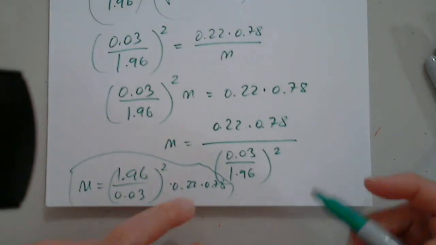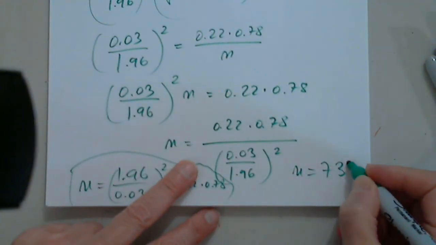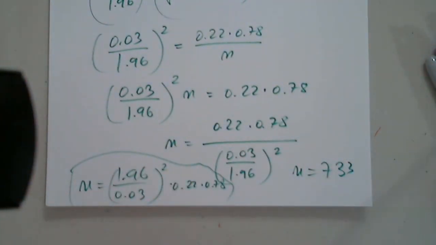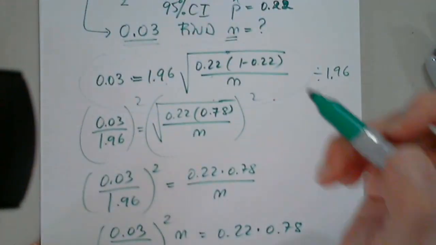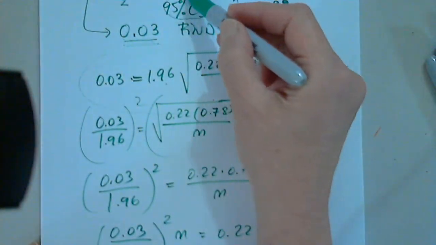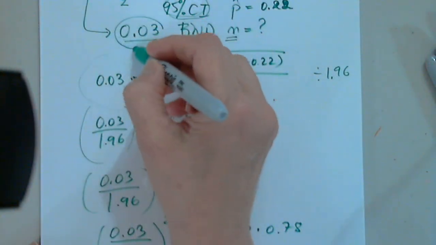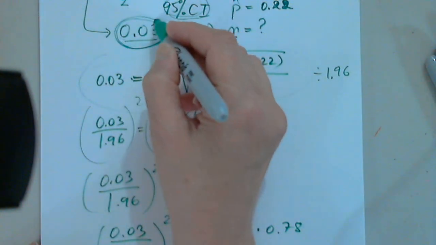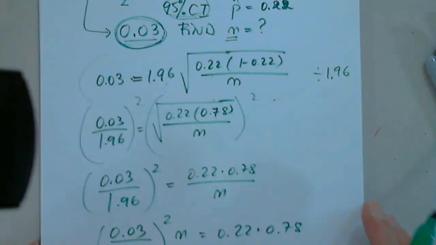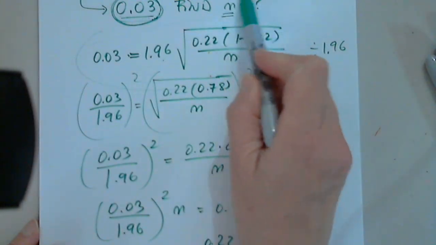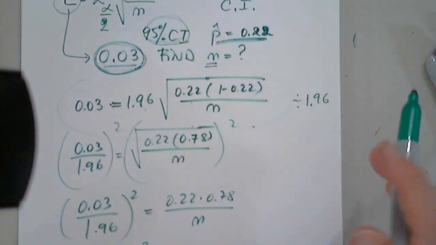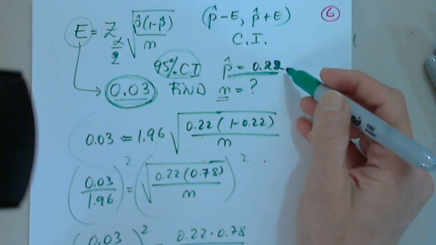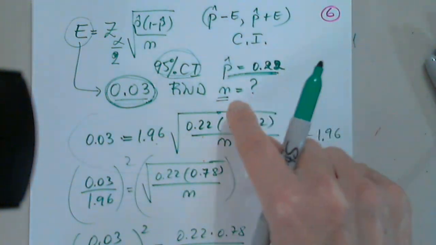733. So the sample size I have to collect, if I'm interested in a 95% confidence interval and I want the margin of error not to exceed 0.03, knowing the proportion. And you can say, you didn't even collect the sample.